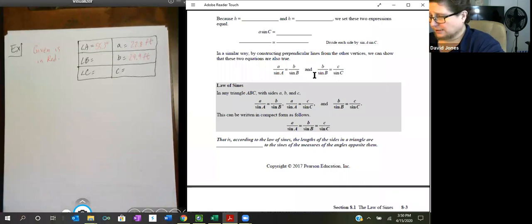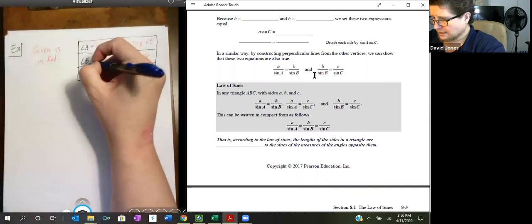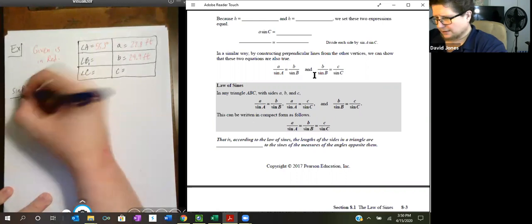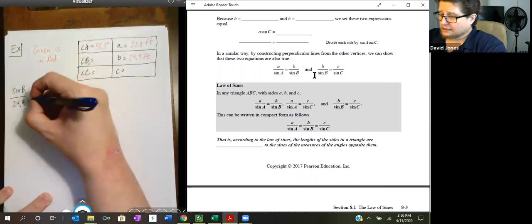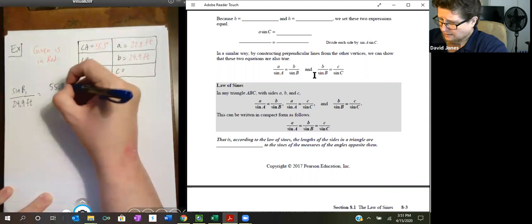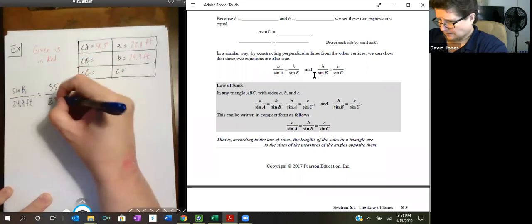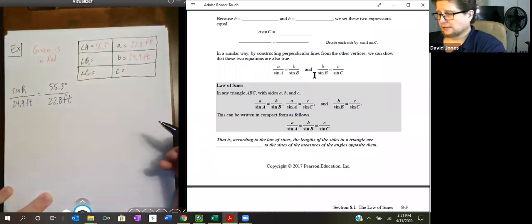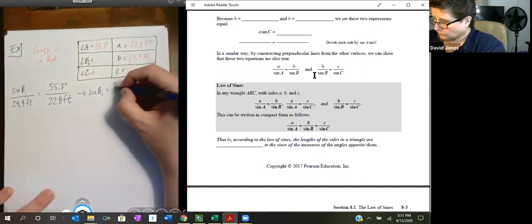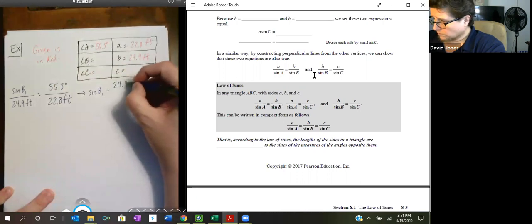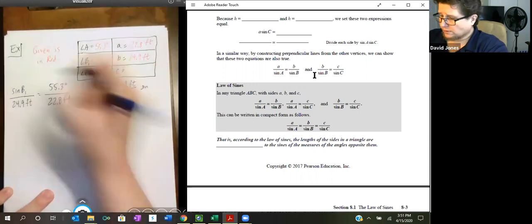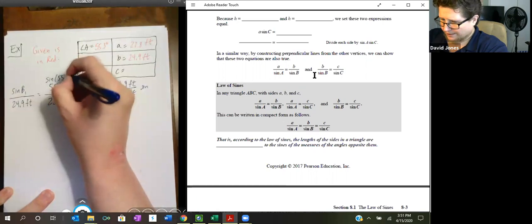Let's find sine of B, we'll call it B1. Sine of B1 over B equals sine of A over its side. That's sine of 55.3 degrees.